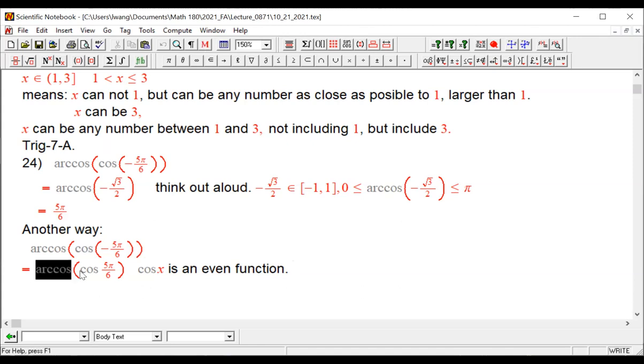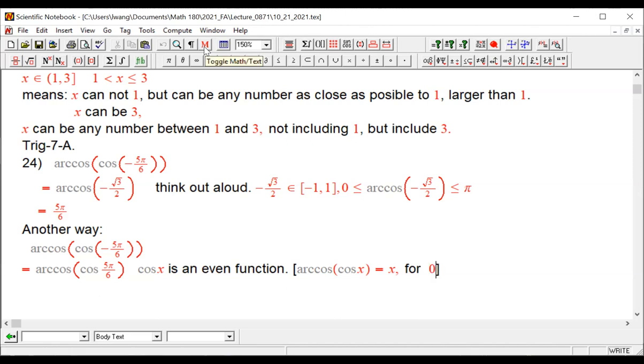And then from here, you can apply one of the properties on the second row. There's a property here. Arc cosine of cosine x equals x if, well, what?